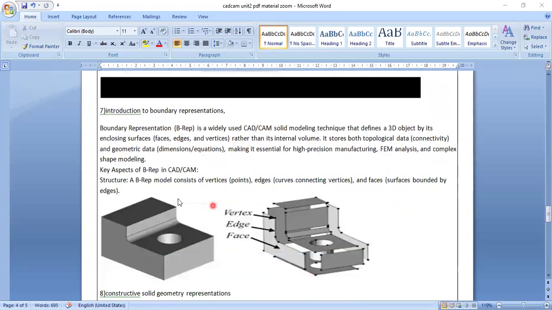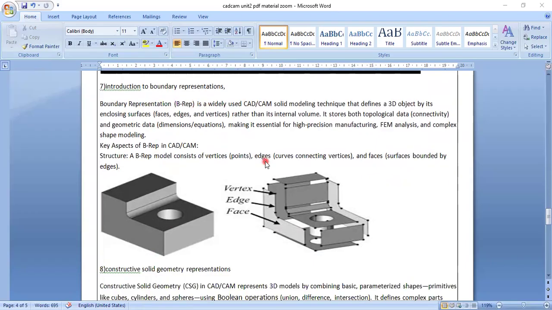Okay, next question. Seventh question, introduction to boundary representation. Now, what is a boundary representation? As I told you earlier, this was discussed in the questions. Boundary representation is widely used in CAD/CAM software. It is a solid modeling technique. It defines a 3D object by its enclosing surfaces. So an object which is closed, it should not be open.